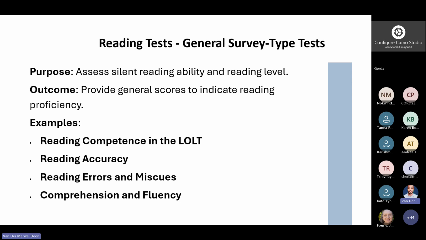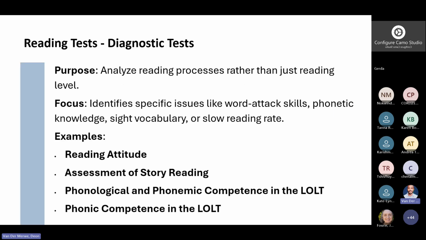And examples of these tests that are part of your SNAR document are the reading competency in LOLT, reading accuracy, the reading errors and miscues, and the comprehension and fluency tests that you are expected to engage in.